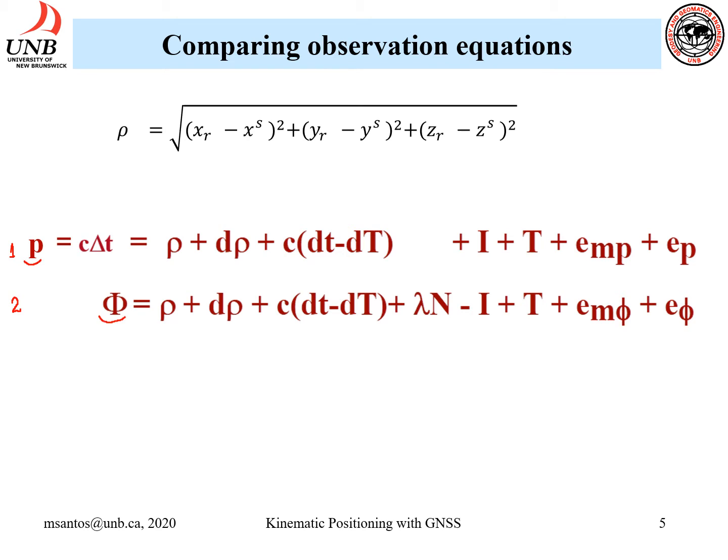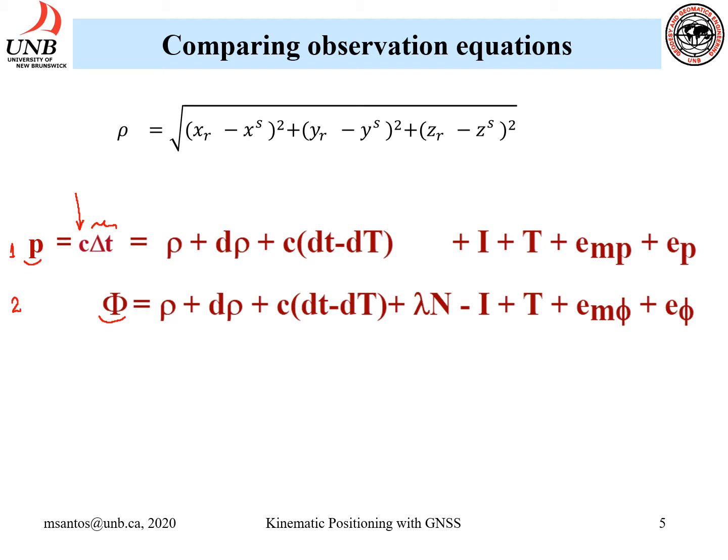So let's think of meters. What is the pseudorange? Pseudorange is the product of the propagation time and the speed of light in a vacuum. So this is velocity times time equals distance.